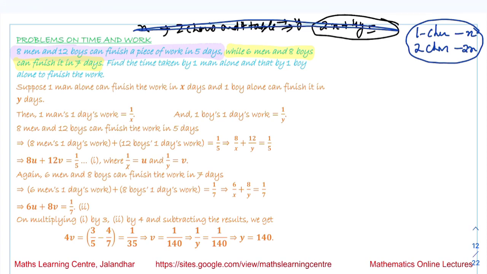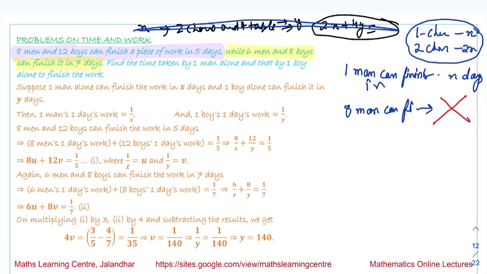If we say that one man can finish the work in x days, it doesn't mean that 8 men can finish the work in 8x days. This is not applicable here.